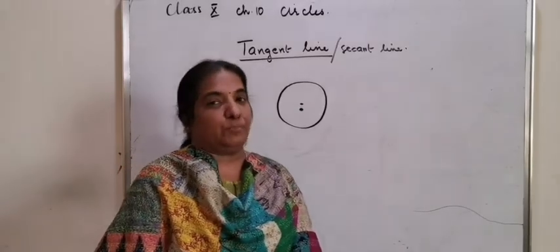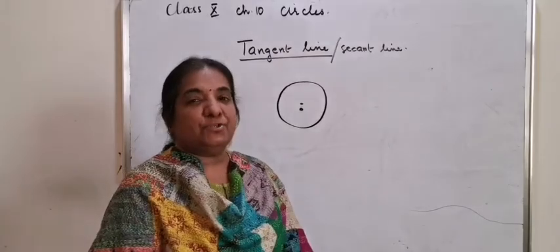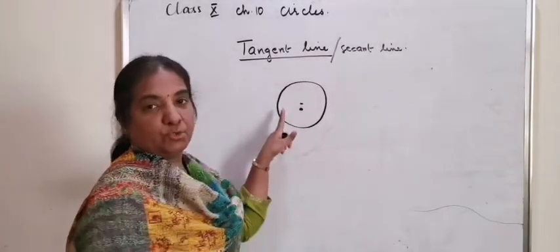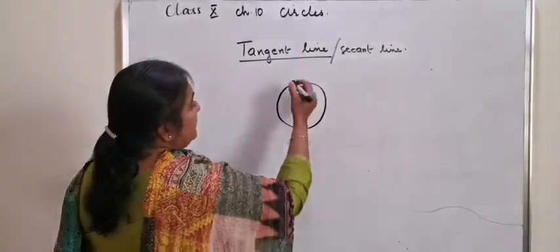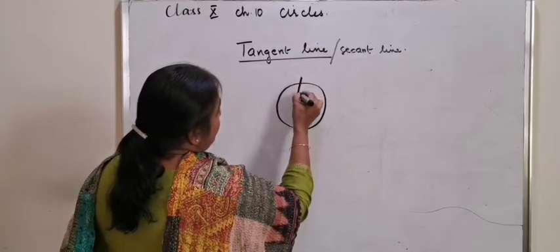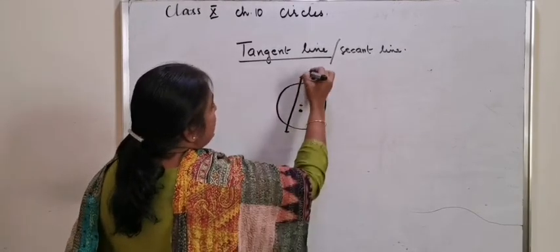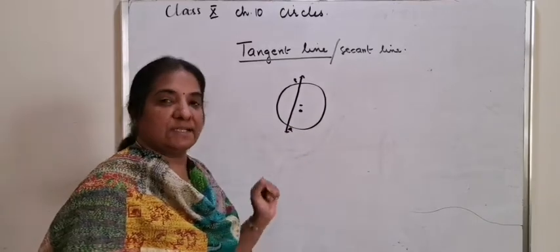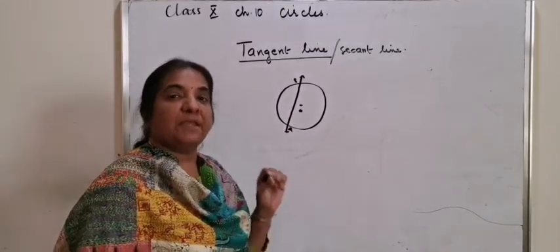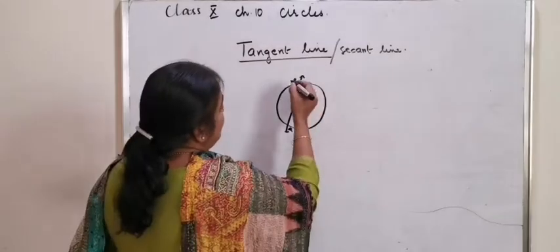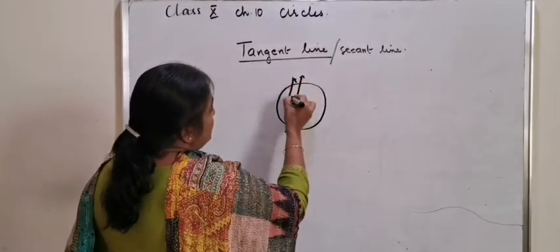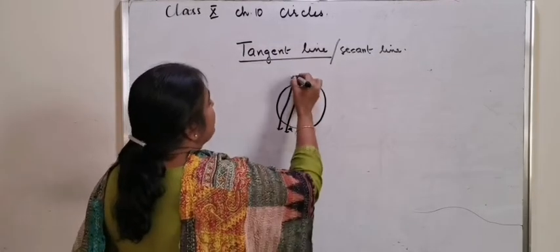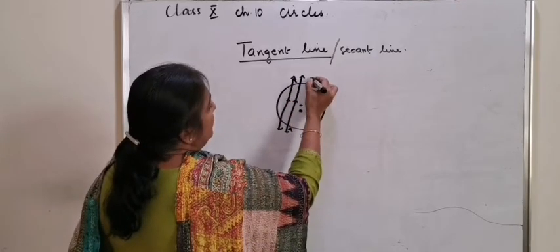The second property, imagine you are given a circle with center O. Consider a secant for this circle as PQ, the 2 points on the circle we are taking as P and Q. Imagine you are drawing secants parallel to this given secant.